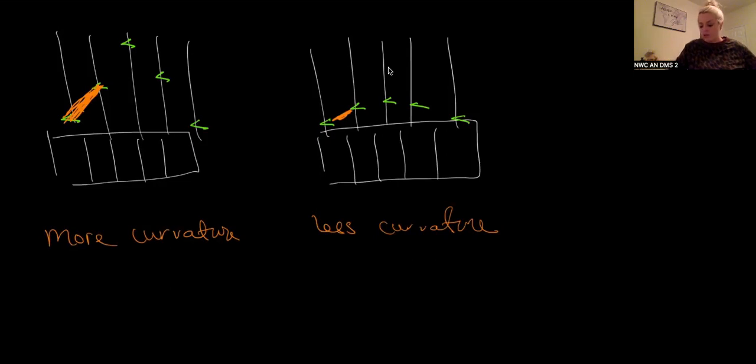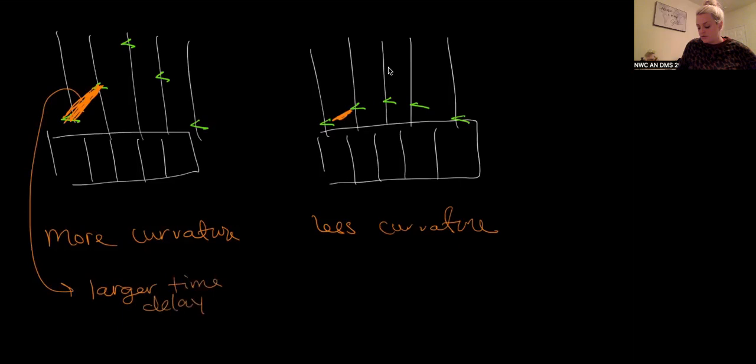So this orange line right here represents larger time delays between elements. And then obviously the other side is smaller time delays between elements, but that's going to be on the SPI.